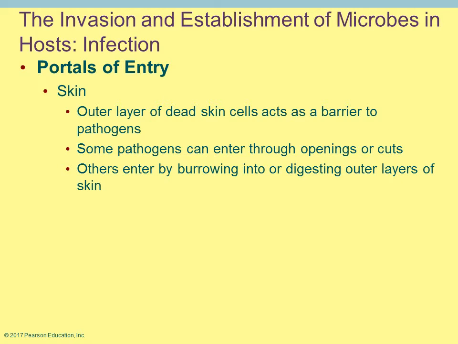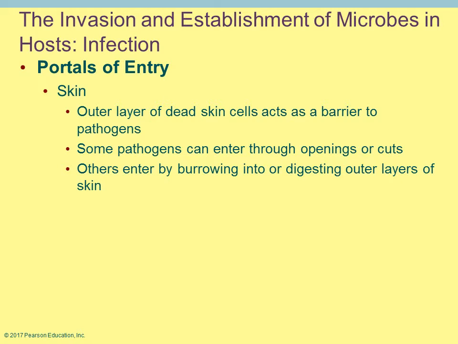Most of you, if not all of you, have had AMP, at least AMP1. And if you remember from AMP1 with the integumentary system, with the skin, the outer layer of the epidermis is actually dead skin cells. That acts as a very good barrier to prevent microorganisms from entering.